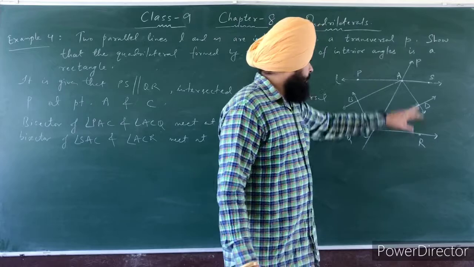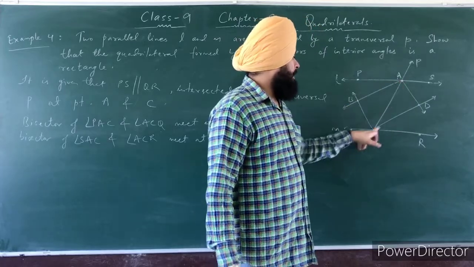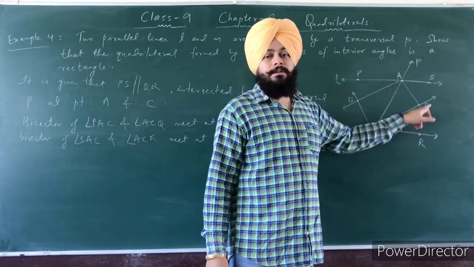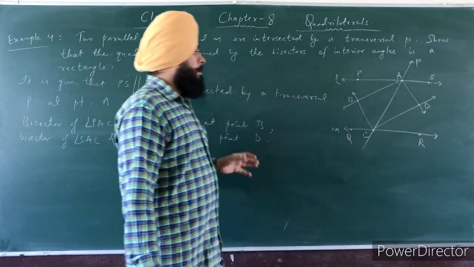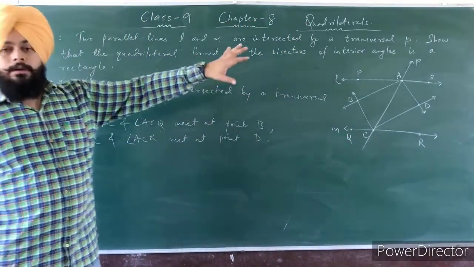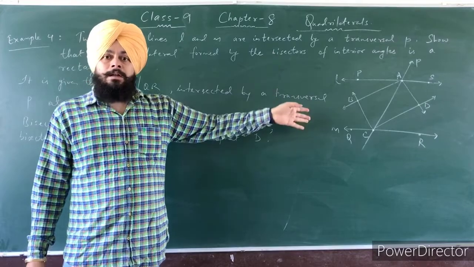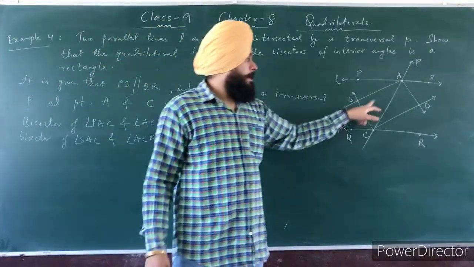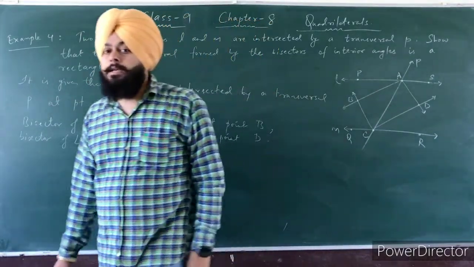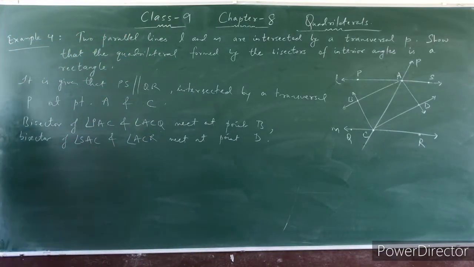So we have to show that this ABCD is what? It is a rectangle. It means we have to show that this quadrilateral has opposite sides parallel and each of the vertex angles is of measure 90 degrees. So first you can write this.